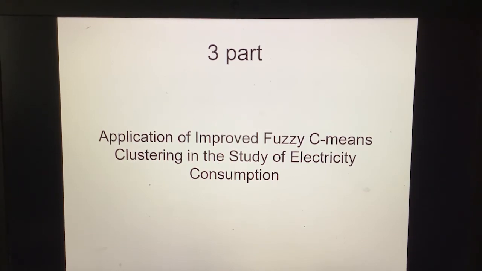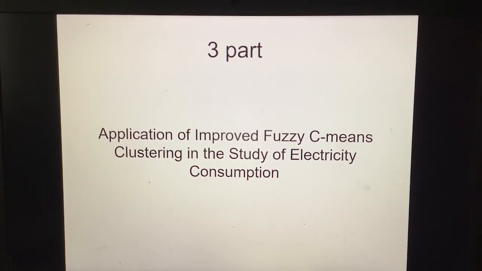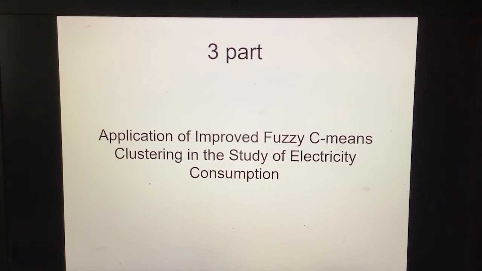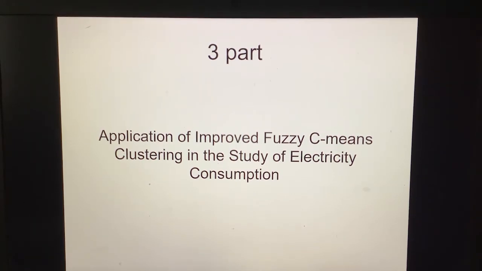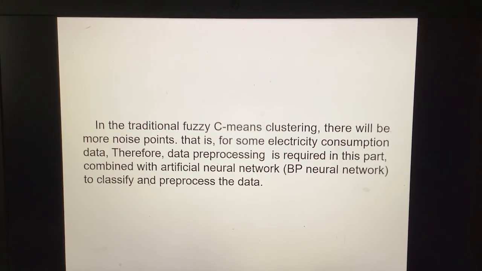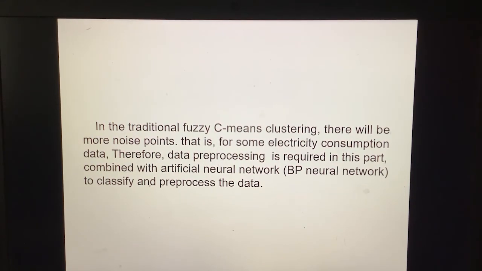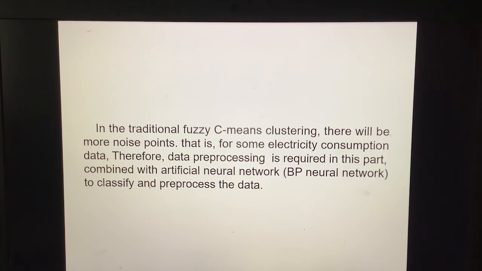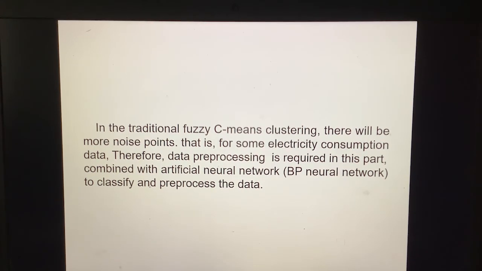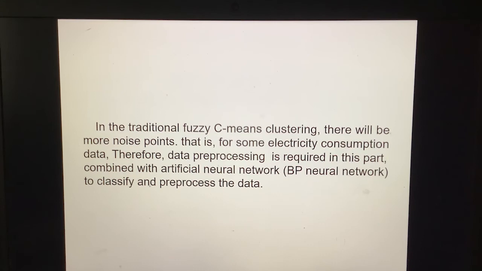Part 3. Application of improved fuzzy means clustering in the study of electricity consumption. In the traditional fuzzy means clustering, there will be more noise points for some electricity consumption data.